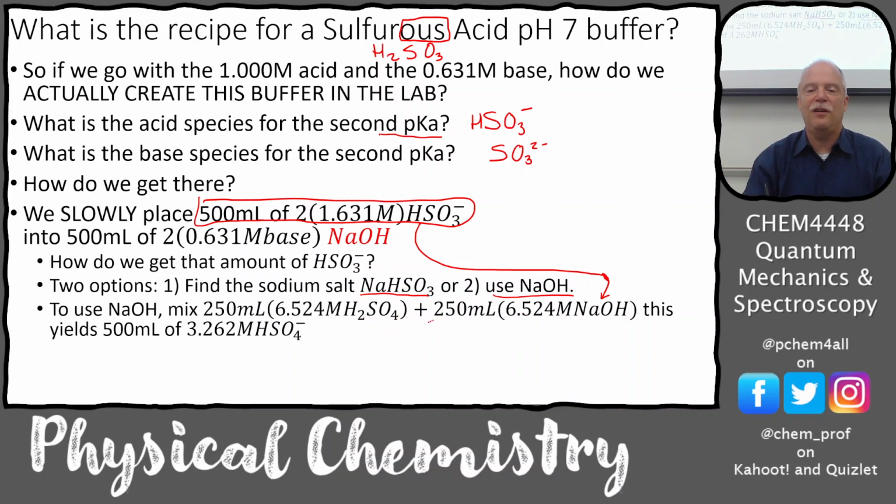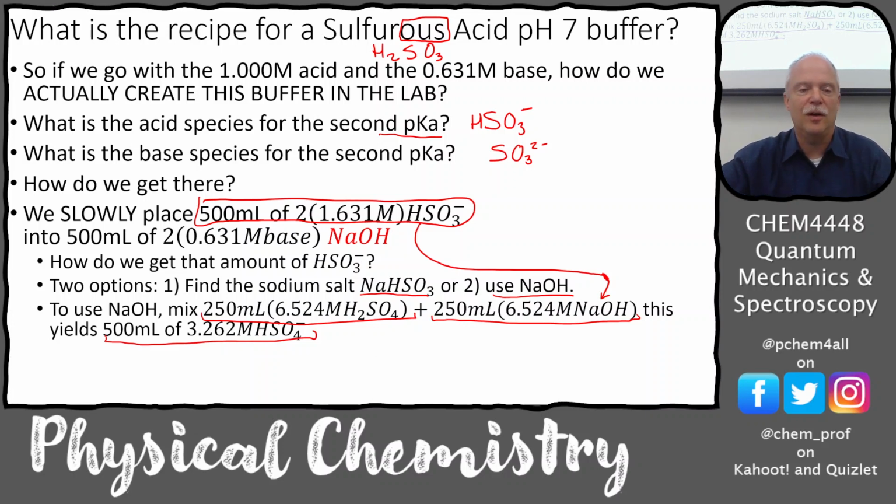So you verify to yourself how mixing 250 mils of this concentration to 250 mils of that concentration gives me 500 mils of that double 1.63, so the 3.262 molar HSO3. Okay, so I'll leave that to you for your homework.